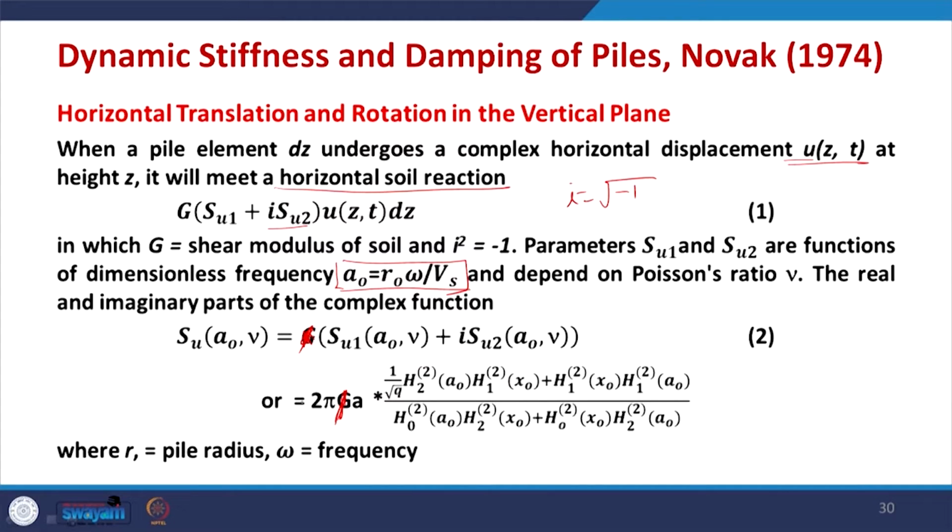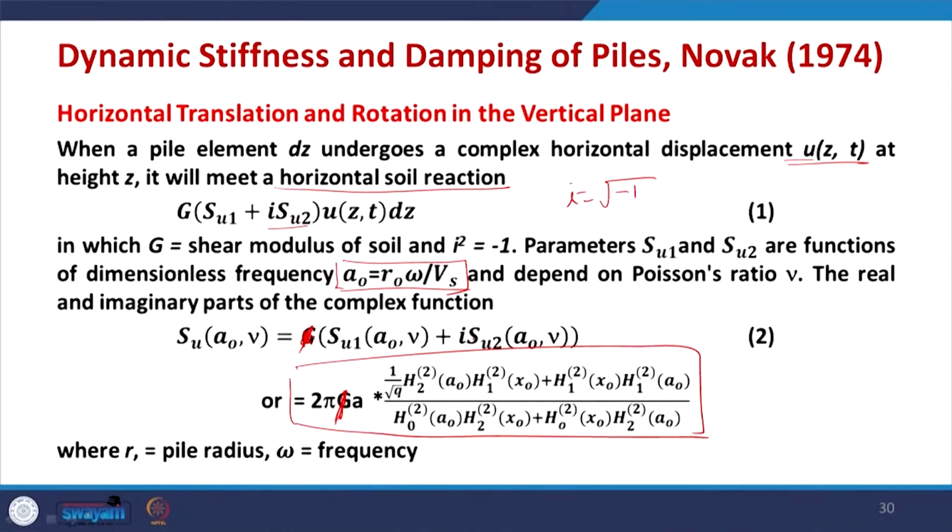You solve this component here, and it is divided into two parts, one is the real part and another is the imaginary part. The real part of this equation will give you S_u1 and the imaginary part will give you S_u2. So, ultimately the values of S_u1 and S_u2 are given by Novak in the form of charts, and as mentioned in equation 2, they are functions of a_0 and Poisson's ratio nu.